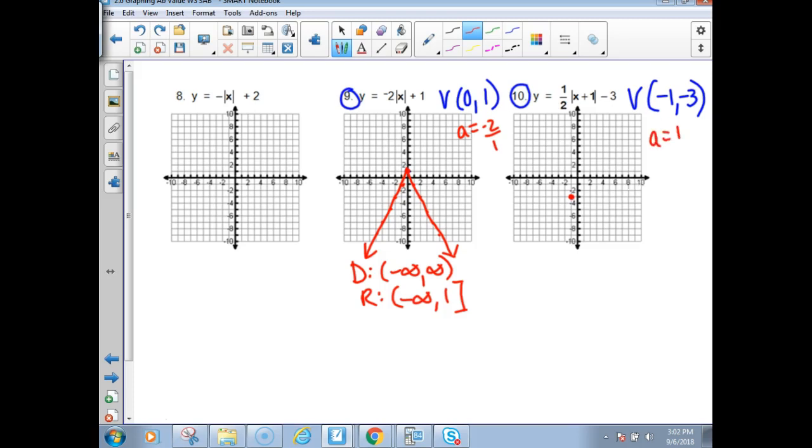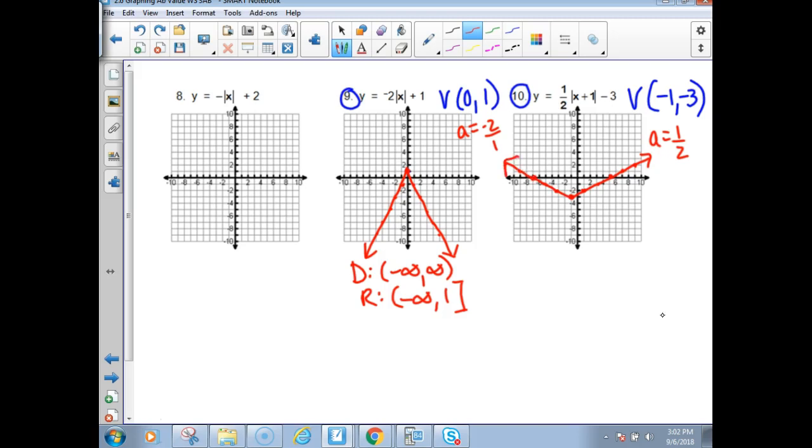A is 1/2. Up 1, right 2. For the right branch, keep going till you can't go anymore. That really flattens out the graph. The V is not as V-shaped. It is flatter. Up 1, left 2. And there's the other side.